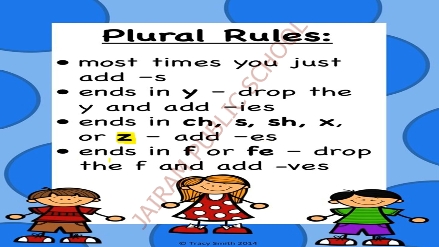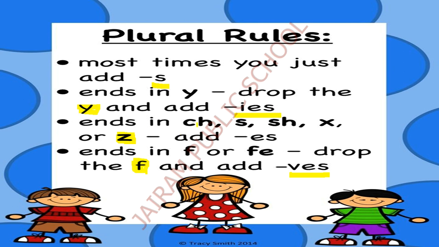If the naming word ends with f or fe, we have to drop f, then add ves. Drop means remove f and add ves. Let's recall one time. Most of the time we add s. If the naming word ends with y, drop y and add ies.